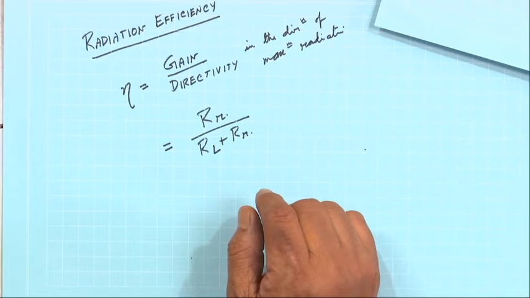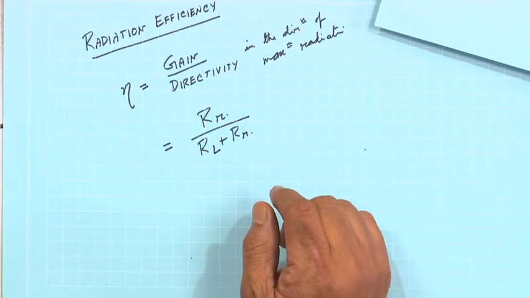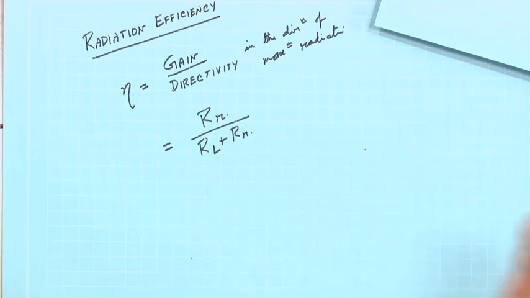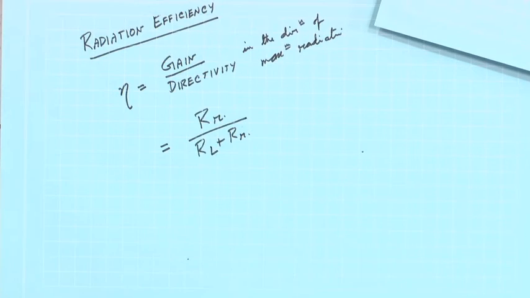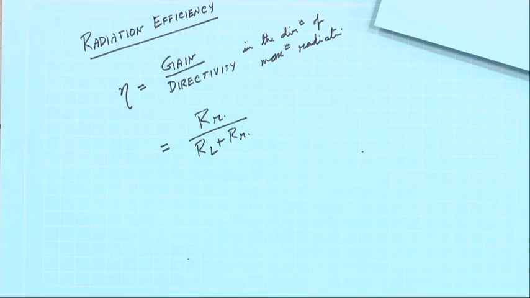Otherwise, if you want to measure it, there is a technique. Particularly nowadays with planar antennas, finding R L is difficult, because planar antennas have dielectric as well as conductor, so how to model that R L? For simple antennas, there is a method.